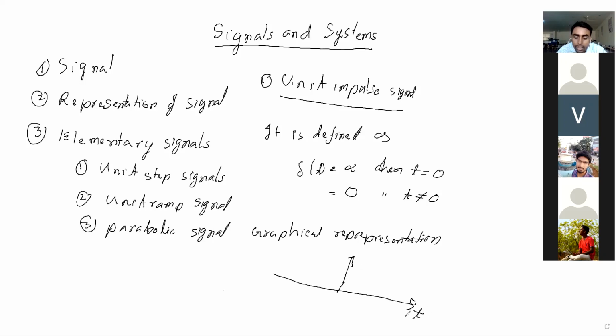The axis is represented by the time domain, and at t equal to 0 only we have the impulse, which is the delta t representation. We have amplitude of infinity. Now if this is the y-axis, and the impulse is found to be here at t equal to 2.